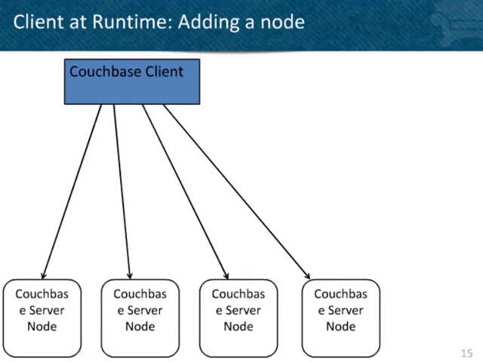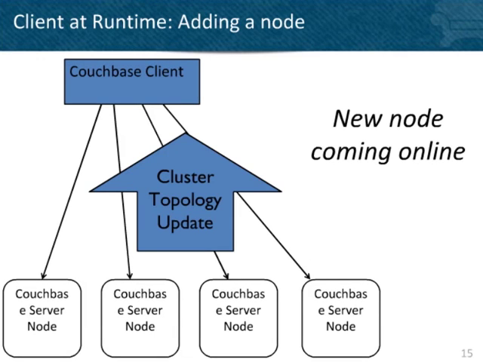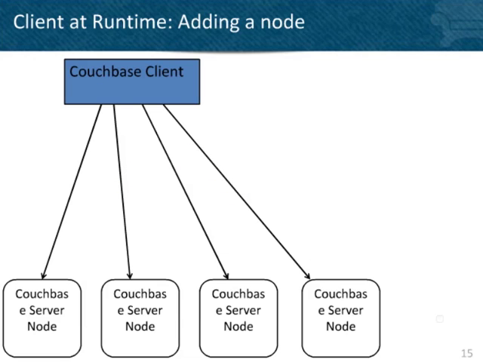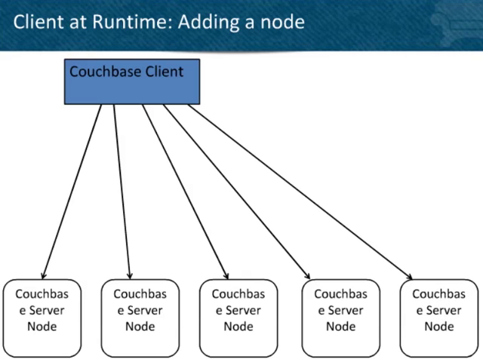So, again, I use my Couchbase client libraries, and I'm connected to a 4-node cluster in this case, and all that I'm going to do is continue to interact with the nodes, and if a new node comes online, I get a cluster topology update, and the maps are going to be updated on the client library, and from a developer perspective, from a user perspective, you don't really have to do anything to make this happen.